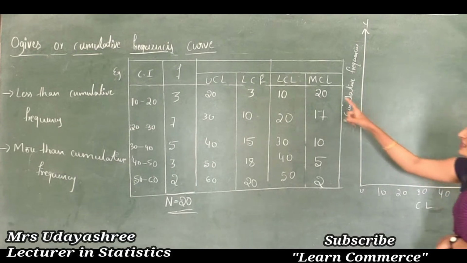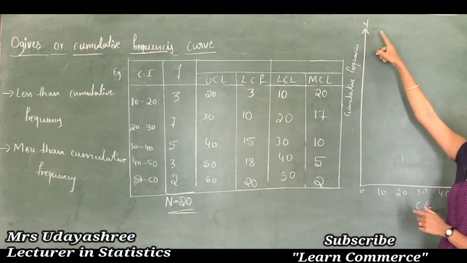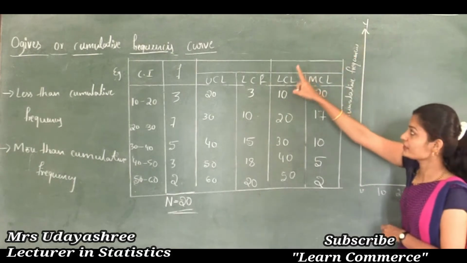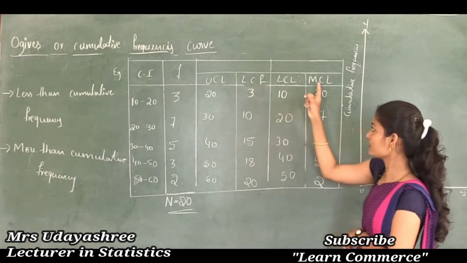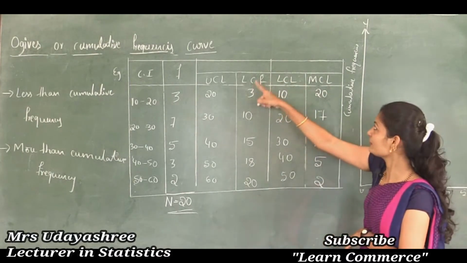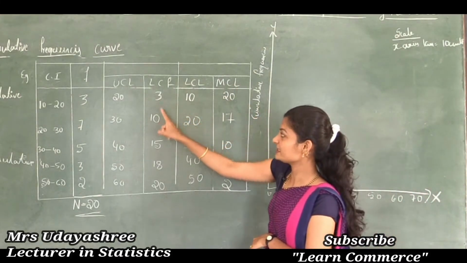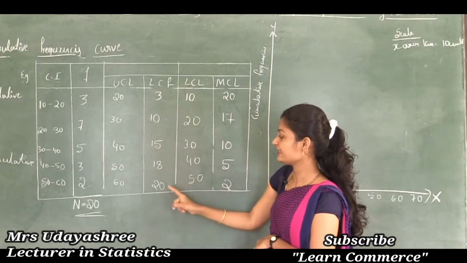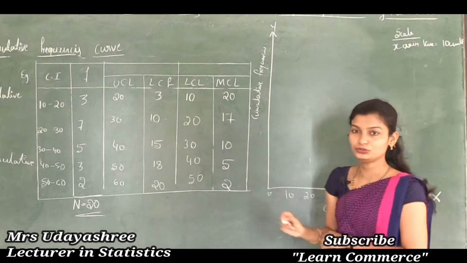So next, see the y-axis. So here cumulative frequencies are taken along y-axis. See, this is one cumulative frequency column and this is one cumulative frequency column. This is less than cumulative frequency, this is more than cumulative frequency. Here observations are 3, 10, 15, 18, 20 and here it is 20, 17, 10, 5 and 2.